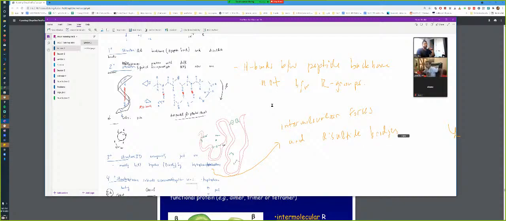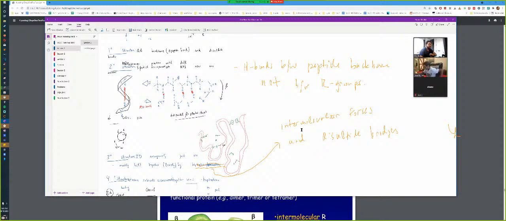I want to cancel the hydrophobic part, and I wrote an arrow to just intermolecular forces, because that includes hydrophobic, hydrogen bonds, and van der Waals.